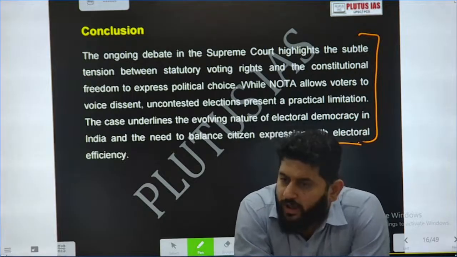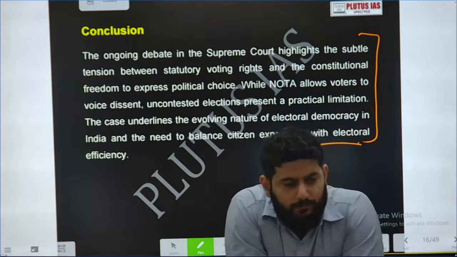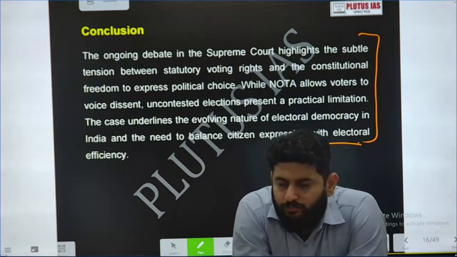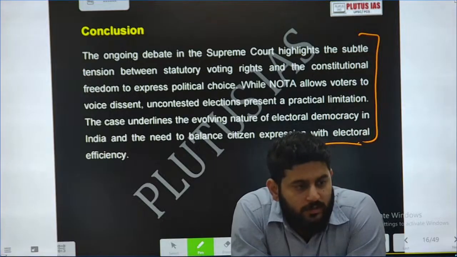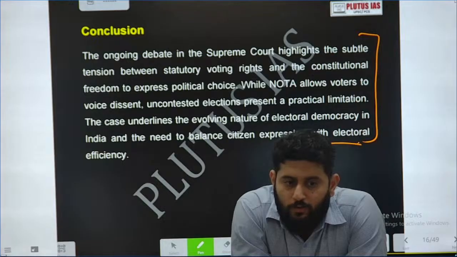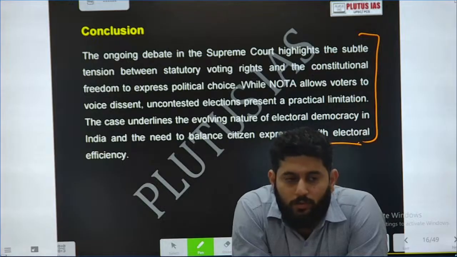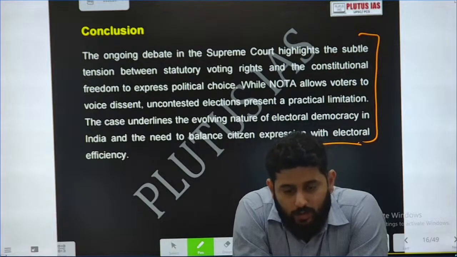a question on the Representation of the People Act 1951. There's a direct question on that. Also in 2017, in 2013. So this is Election Commission, RPA Act. This is a very, very favorite topic of civil services, UPSC. They have asked directly on these topics.